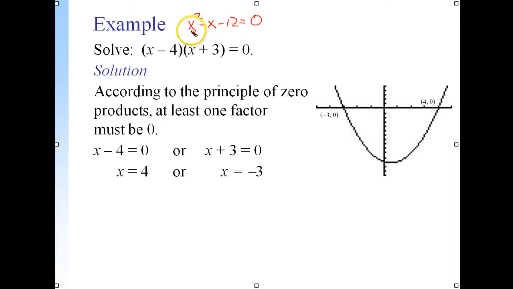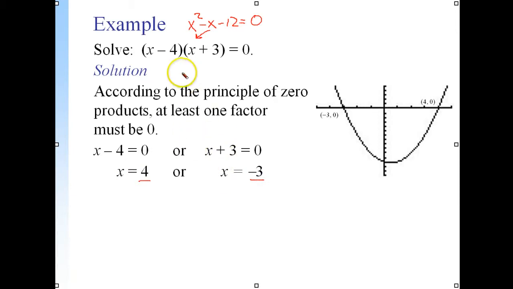But in order to solve a quadratic equation, we're going to use the principle of the zero product. That is, we're going to factor that back to its factors, take each of the factors, equal it to 0, which is what we've done, and we get our roots, a 4 and a negative 3.